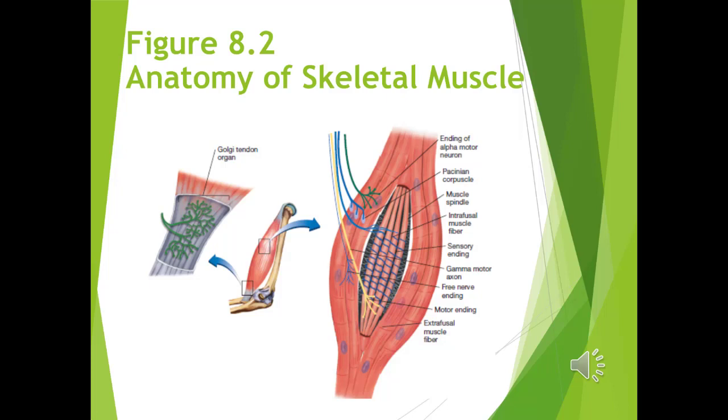It is served by gamma motor axons and a sensory axon. It's important to note that the intrafusal muscle fiber is found within the muscle spindle. There are free nerve endings, also the Pacinian capsule, and additional extrafusal muscle fiber.